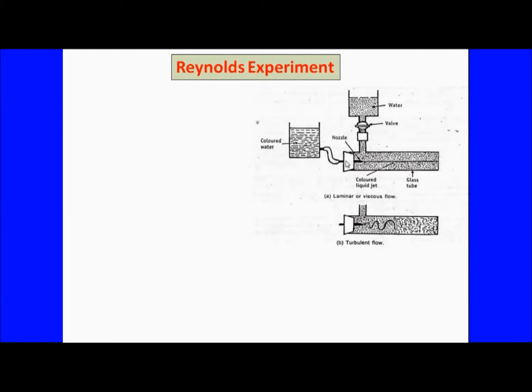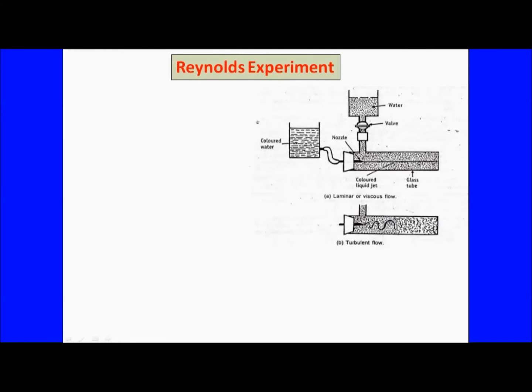From here, through a nozzle, suppose a nozzle of a syringe, he allows this colored liquid, suppose ink, to flow through. Now this ink may either go straight without any distortion, with a laminar flow, or it can have a turbulent flow, or the ink may get mixed with the water.